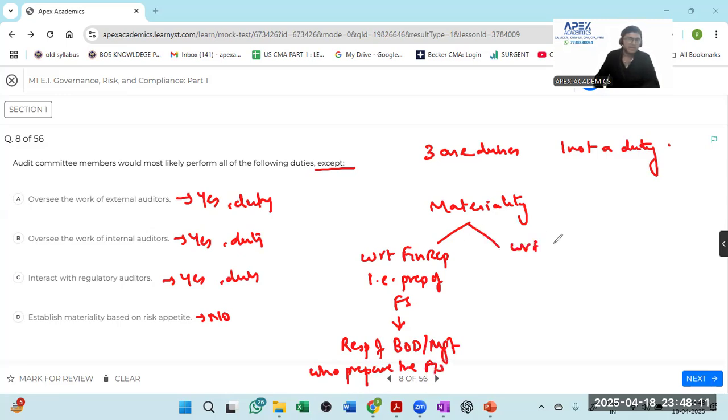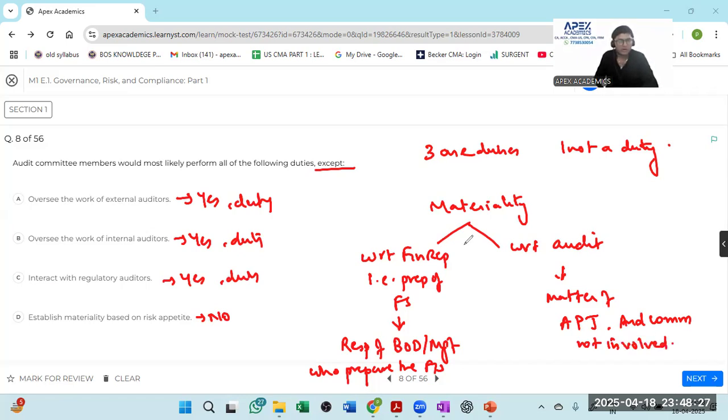Materiality with respect to audit is a matter of the auditor's professional judgment. Audit committee is not involved. I hope you're able to understand what I'm trying to say. Yes or no, please tell me that.